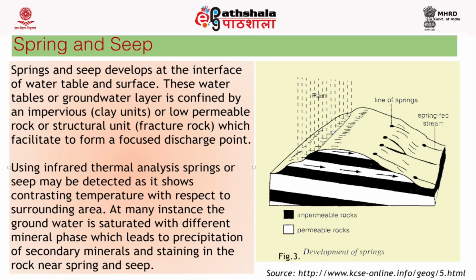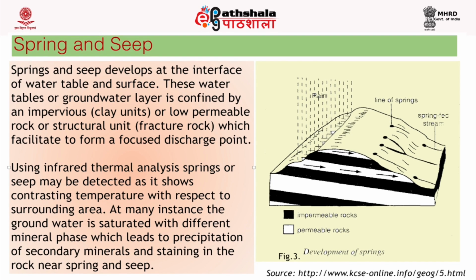If you look at the diagram on the right side, you can see the springs originating from above the confined zone, where this line of springs can be seen. Similarly, from the image we can know about the groundwater position of an area.